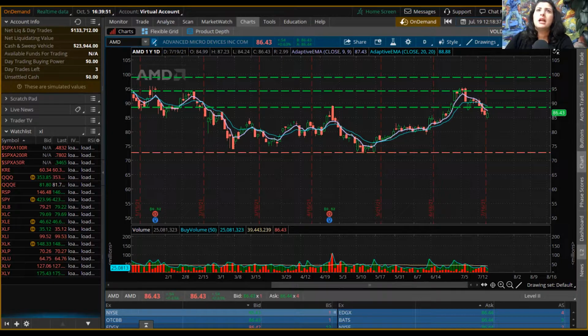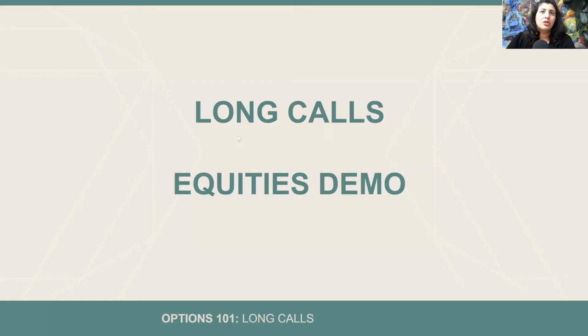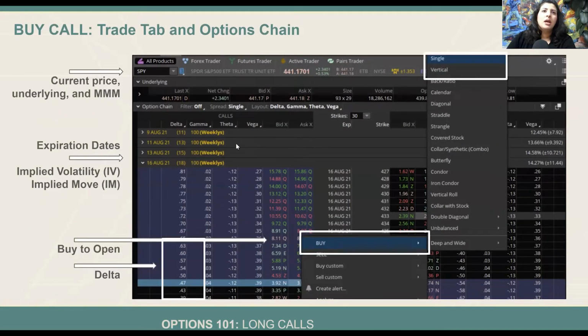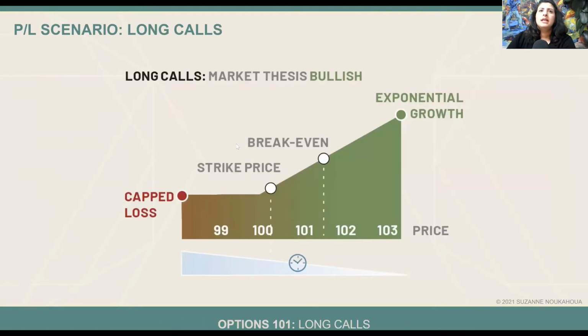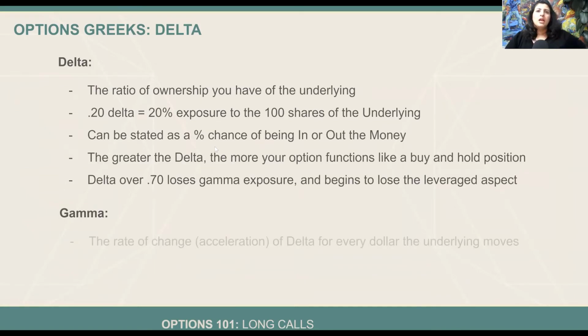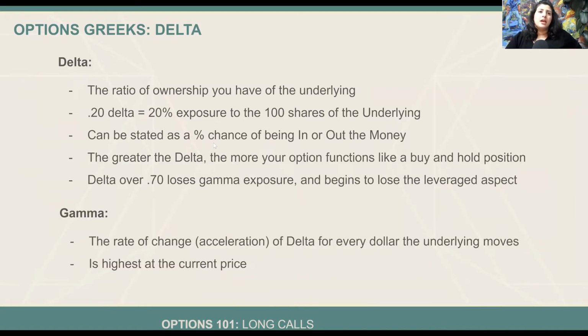I actually didn't, because we talked so much about the Greeks, I didn't spend a lot of time talking about gamma. But essentially, gamma, oh, here it is, my bad. So gamma is the rate at which delta changes. So if you had noticed before that as you're going deeper in the money, the delta is increasing, and that is determined by gamma.